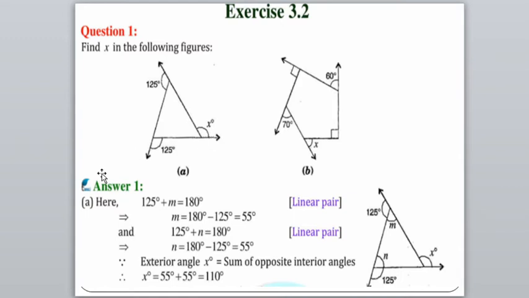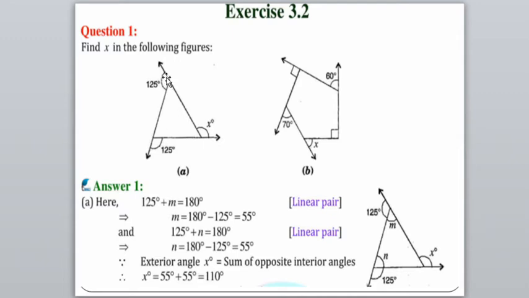So the solution for the first: here 125 degrees plus m equals 180 degrees. Why? If we want to find this angle, and the exterior angle is given and we want the interior angle, we will take this interior angle as m.